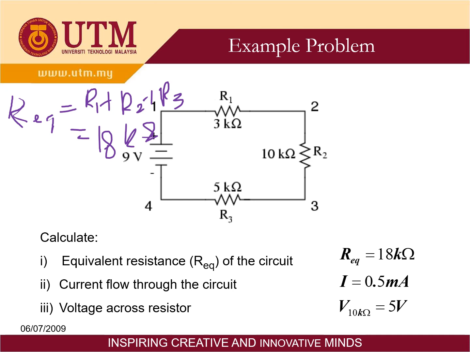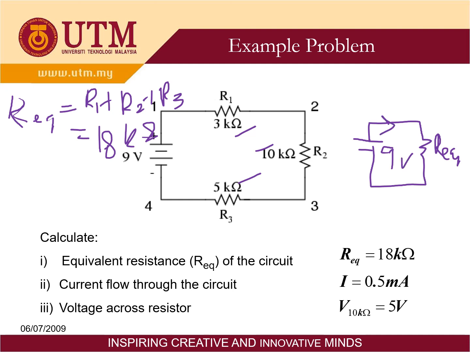Now find the current flowing through the circuit. After you combine all these three, it will become one resistor only. Instead of R1, R2, R3, you just get Req, then this is 9 volt.